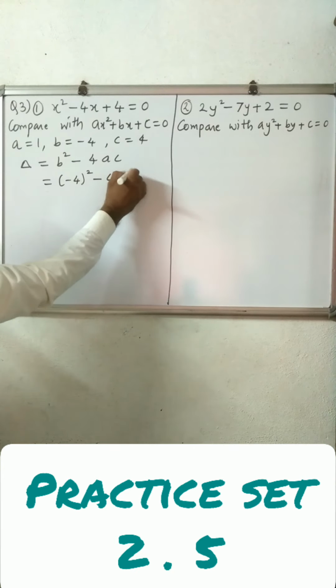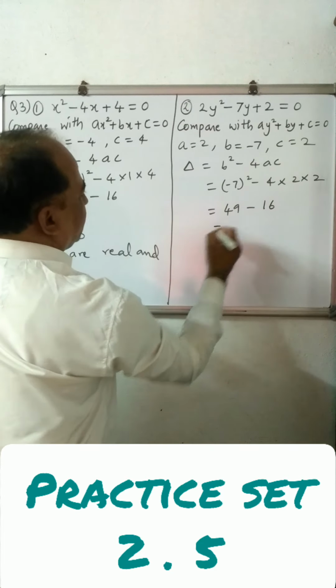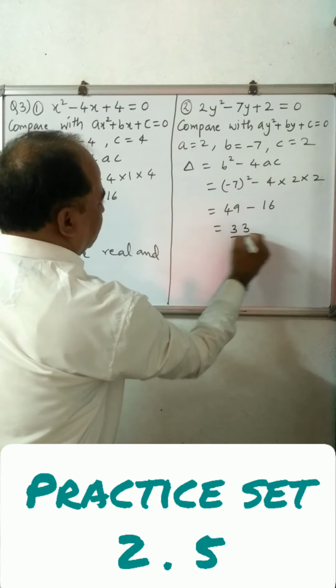So the value of delta, b square minus 4ac, is equal to minus 7 square minus 4 into 2 into 2, that is 49 minus 4 2s are 8, 8 2s are 16. So 49 minus 16 is equal to 33.